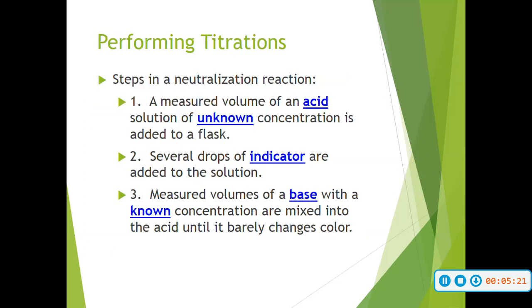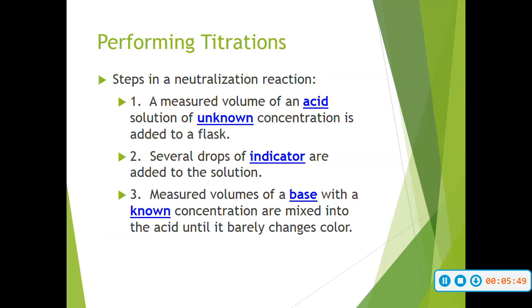Now, the steps in performing a titration or a neutralization. You first have to measure the volume of an acid solution of an unknown concentration, and you're going to put that in a flask. Your acid always goes in a flask. After you've placed your acid into a flask, you are going to put several drops of an indicator into that solution.